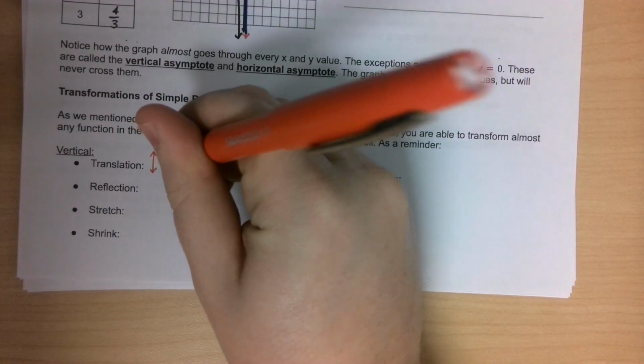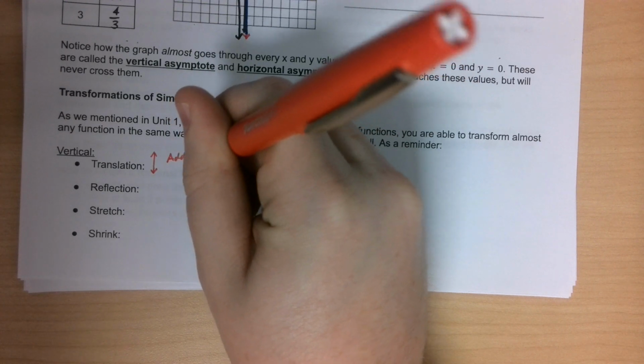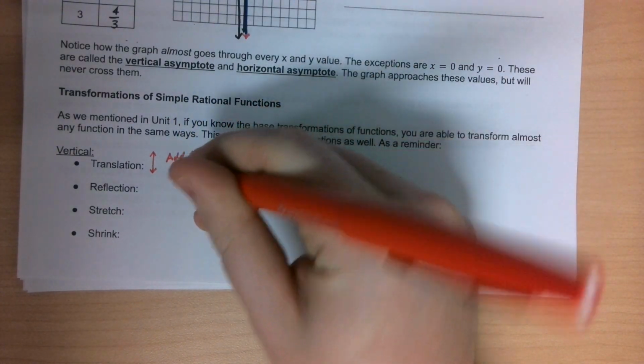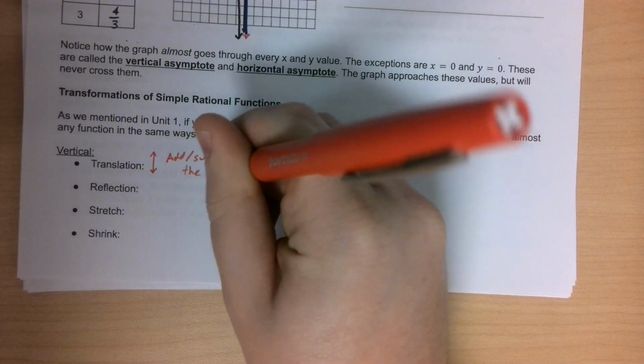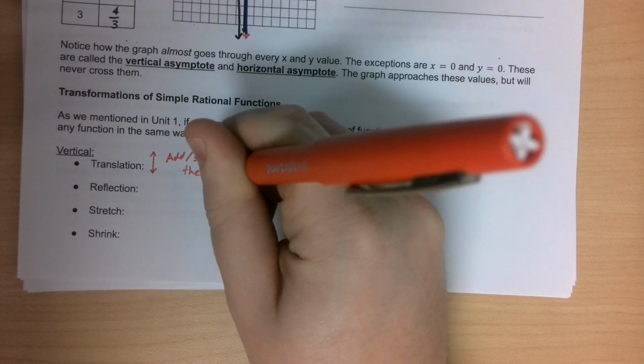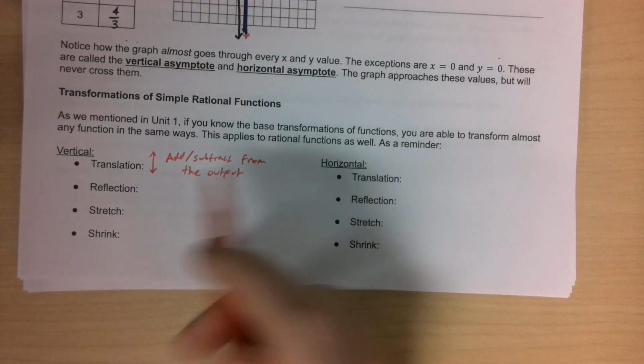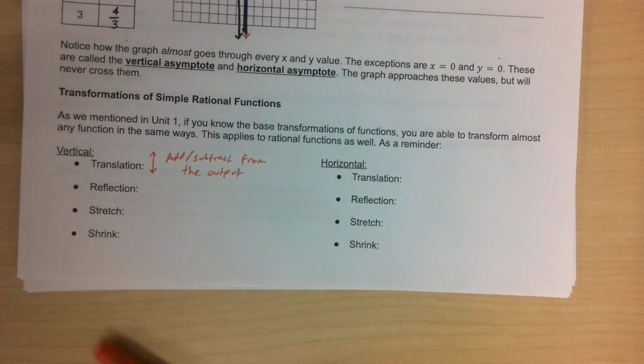We're going to add or subtract from the output. So to the very end of our problem, in a way that it affects everything. Adding goes up, subtracting goes down.